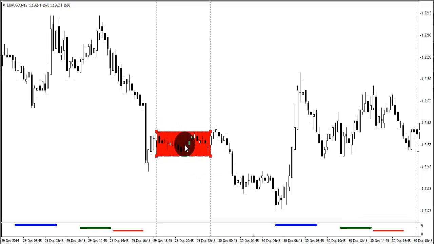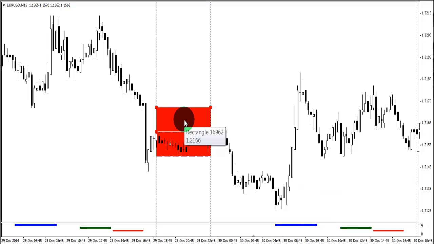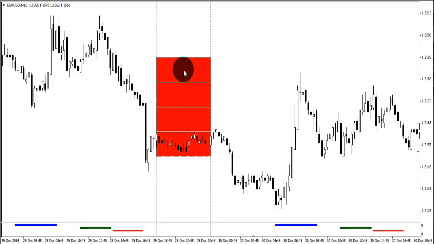What's going on there during that time is the dealers are looking at what's existing in the marketplace. In other words, where are all the open orders?